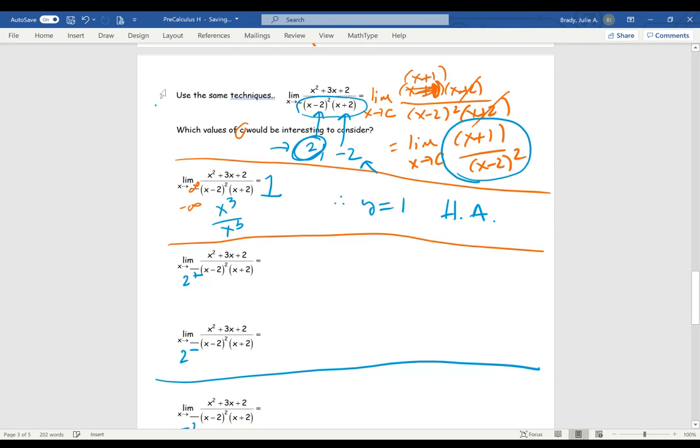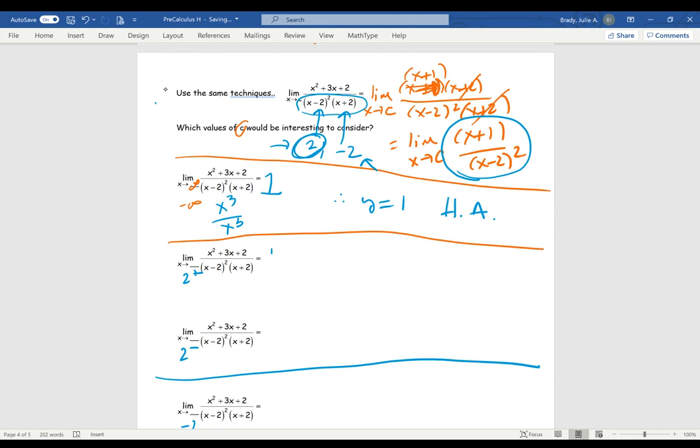Okay, now let's do this one. We know this is the same as the limit as x approaches 2 from the plus. We're going to use the reduced function, x plus 1 over x minus 2 squared. We're going to plug in a number a little bigger than 2. So 2 plus 1 is essentially 3.